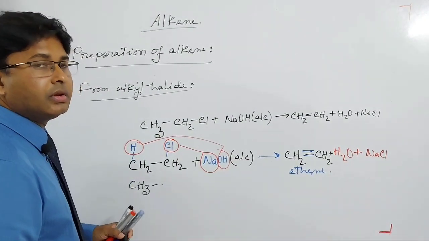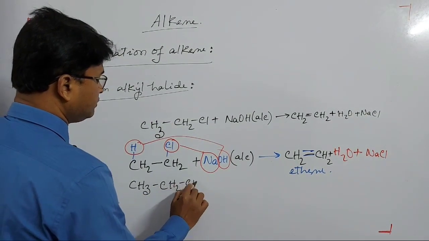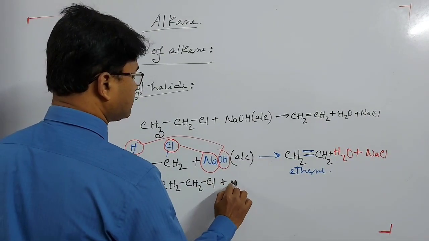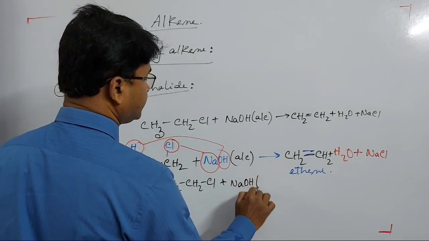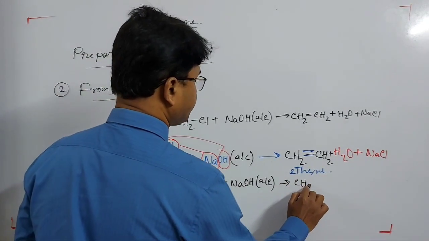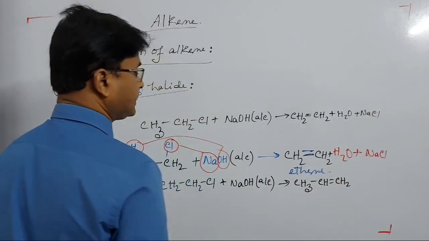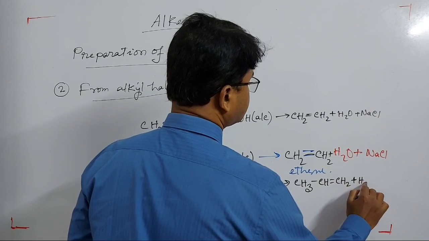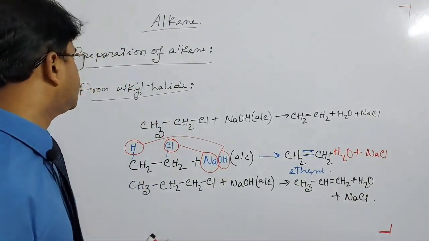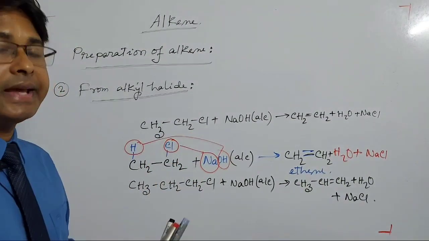In case of 1-chloropropane, CH3 bond CH2 bond CH2 bond Cl plus alcoholic sodium hydroxide, then propene is produced here as alkene plus water plus sodium chloride. Dear students, that's all about the preparation of alkene from alkyl halide.